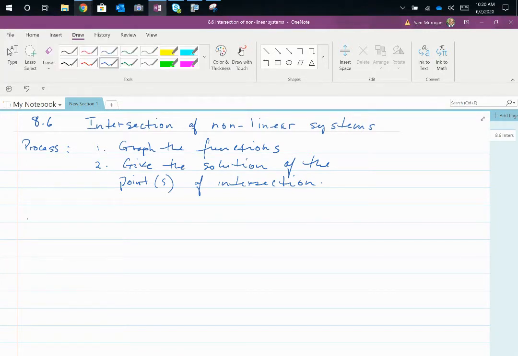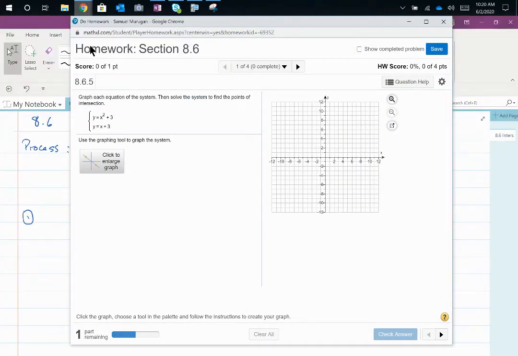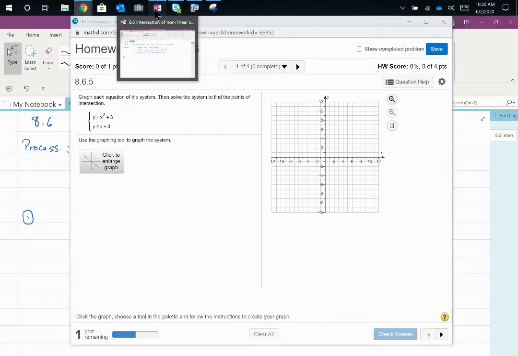Okay, one, I'm taking this one from my MATLAB. Y is equal to x squared plus 3 and y is equal to x plus 3.